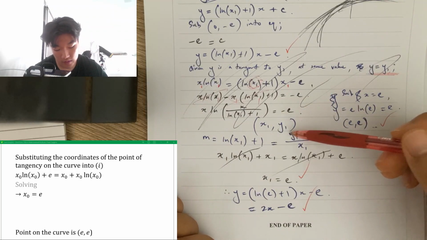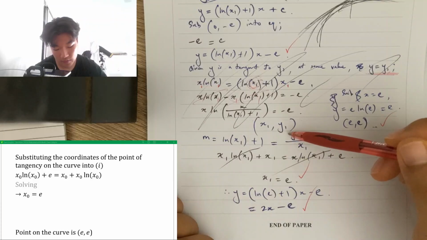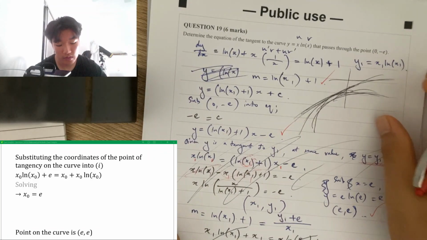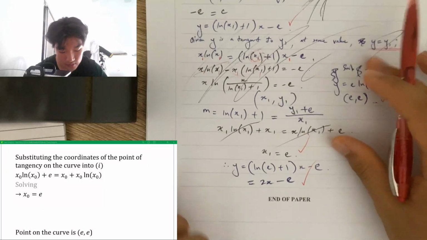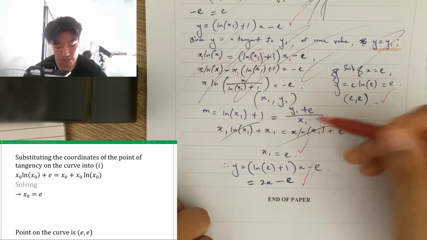So then this point is common for the tangent. So then y1 minus the other point, which we know is given, that the tangent goes through. In terms of 0, it's just subtracting 0, so there's nothing there.